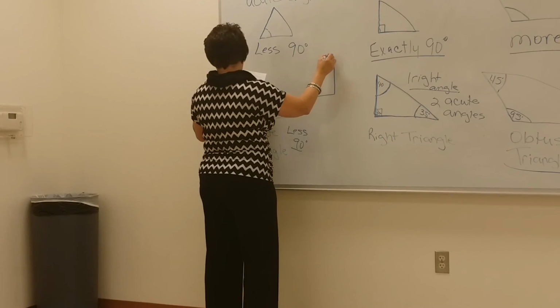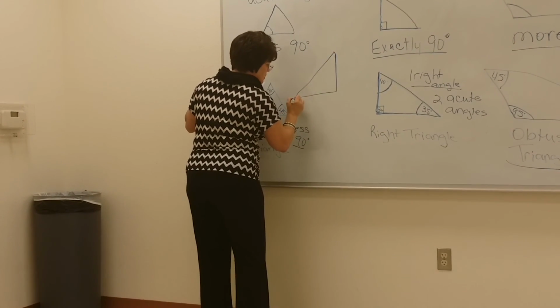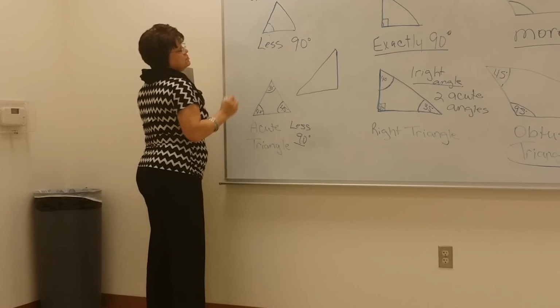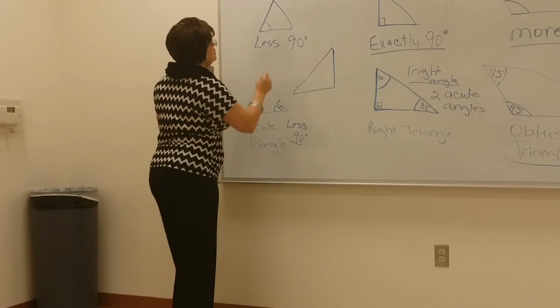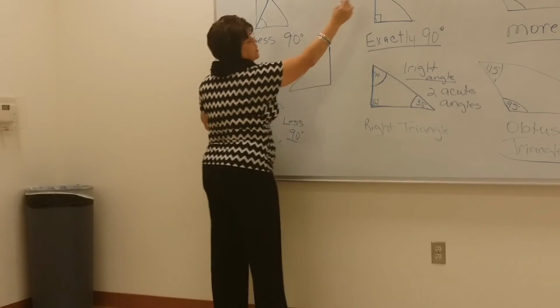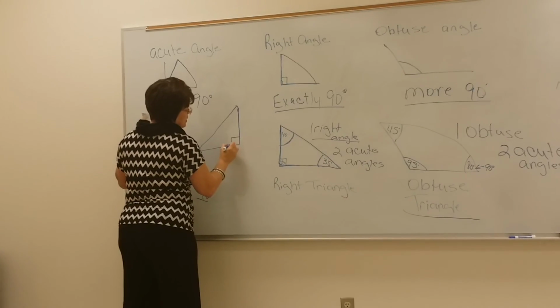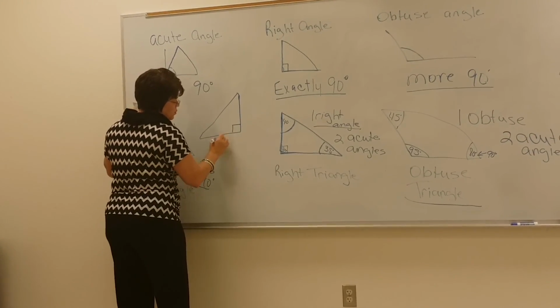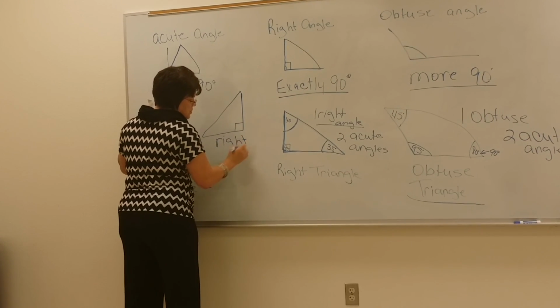What would you say it would be? Is it acute? No, it's not acute, because see, there's our 90. Is it a right triangle? Do we have a right triangle here? Yes, so problem number one would be a right triangle.